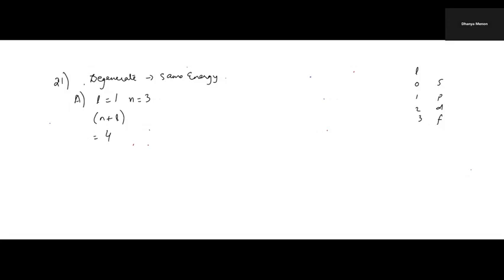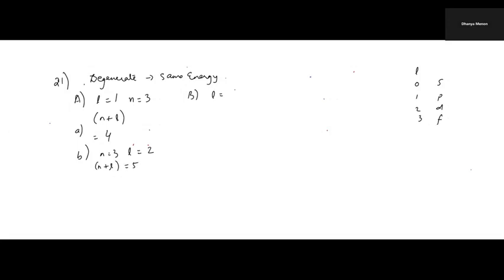In B, there are two options. N is equal to 3 and L is equal to 2, so N plus L value will be 5.